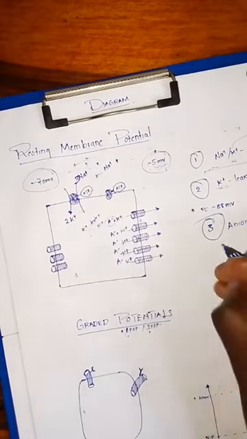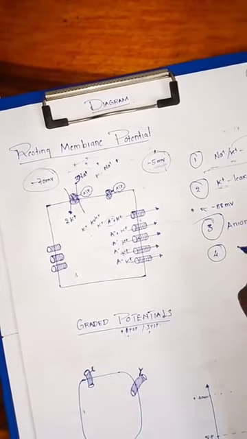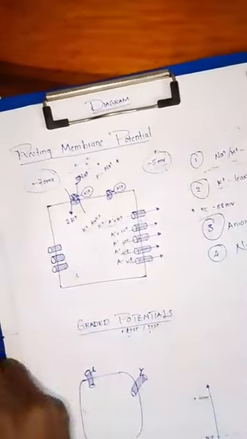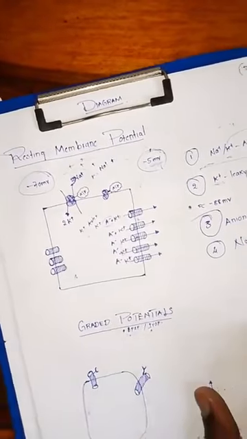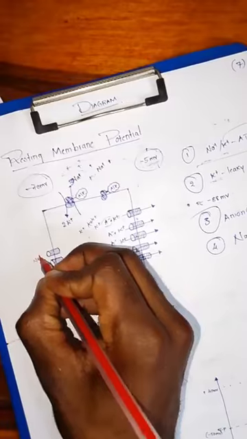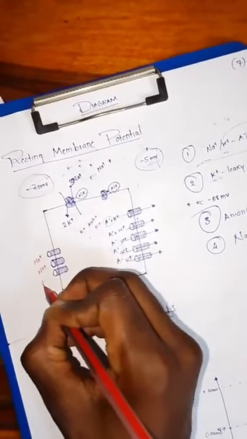Then the other factor is the sodium leaky channels. When you just see leaky channels, they will just be supporting the movement of that particular ion. We know that sodium is more on the outside, according to the concentration.